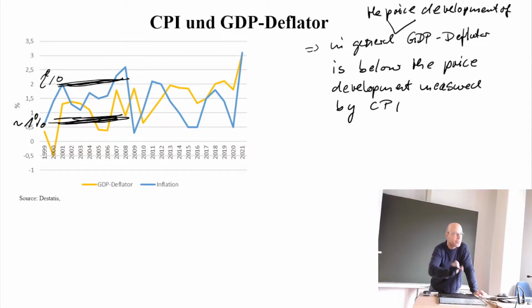So if input prices and output prices as a whole will rise only by 1%, then your company will reasonably argue, well, my prices only have risen by 1%. So I can give you only a wage increase of 1%.